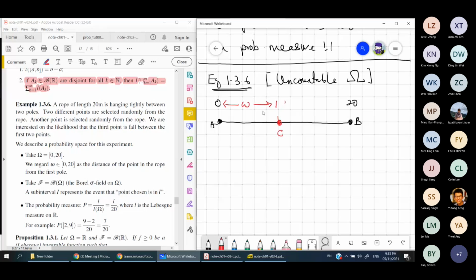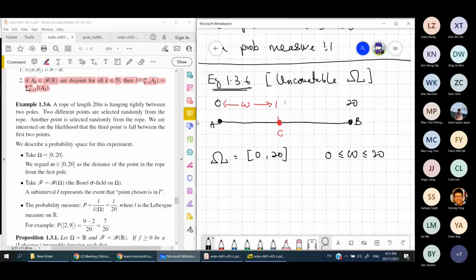So in this case, we can see our omega, the sample space, will be the closed interval 0 to 20. Okay, so this is because our small omega will be 0 to 20. We wouldn't consider anything out of the range here.